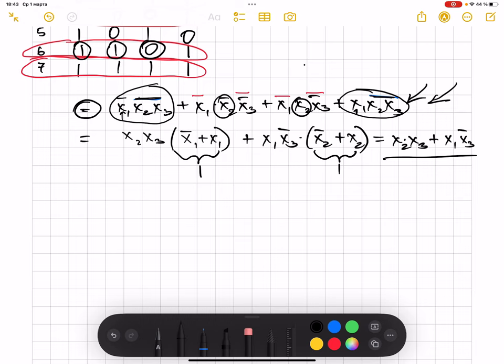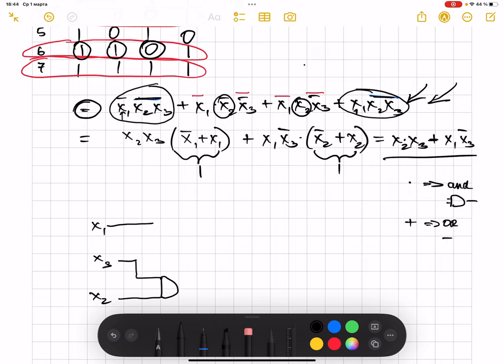So let me draw it. Here, x1. Here we have x3, and here we have x2. So the very first thing, x2 is multiplied by x3. So I have here one AND operator. Multiplication is AND. Plus is OR.